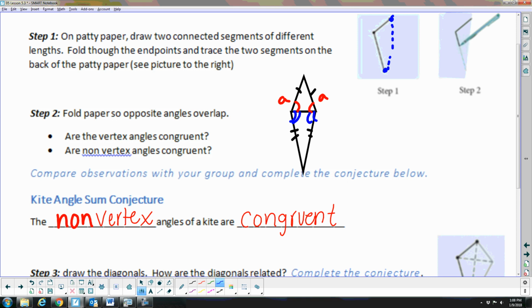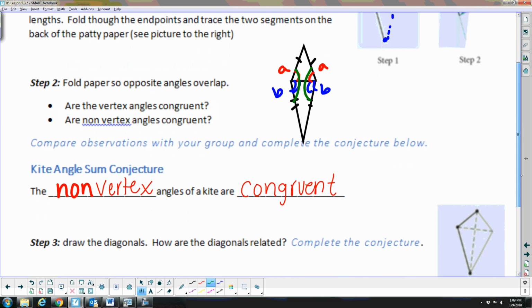And the base angles of the bottom isosceles triangle that forms the kite are both going to be B. So these two non-vertex angles are both going to be A plus B. Whatever A is and whatever B is, the two non-vertex angles are going to be congruent.